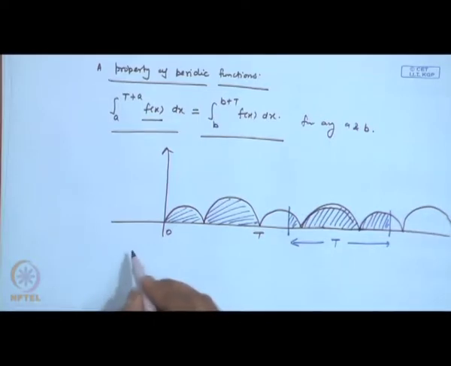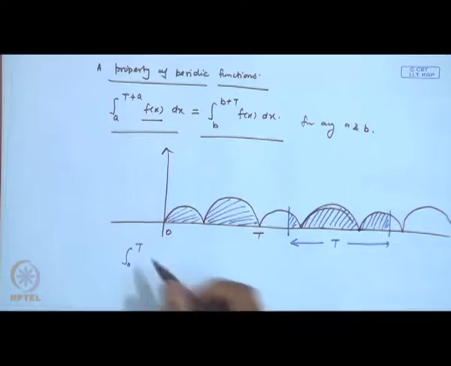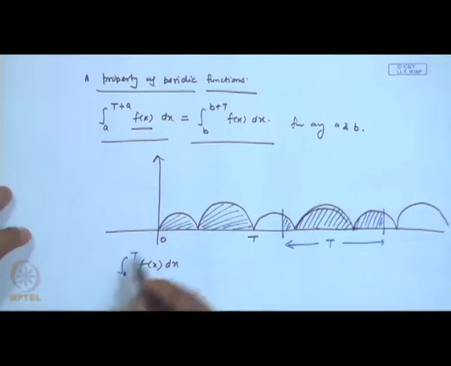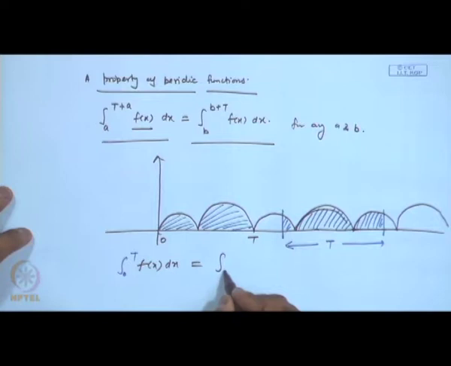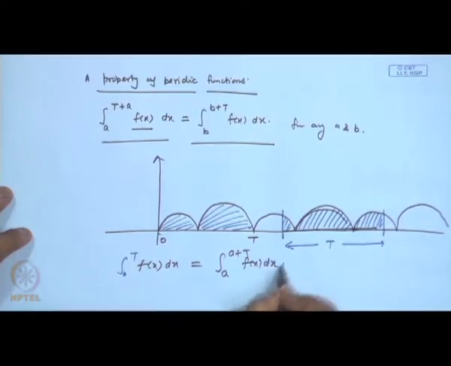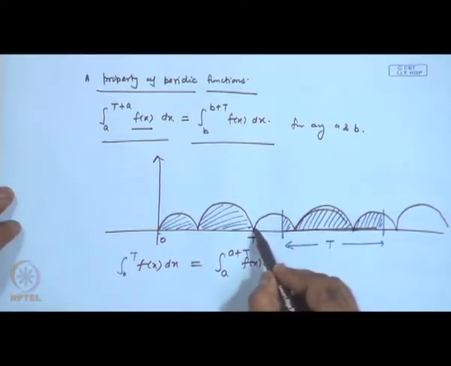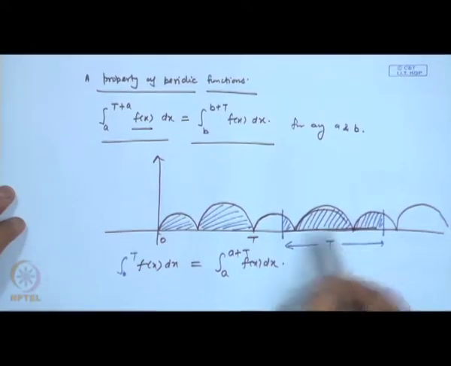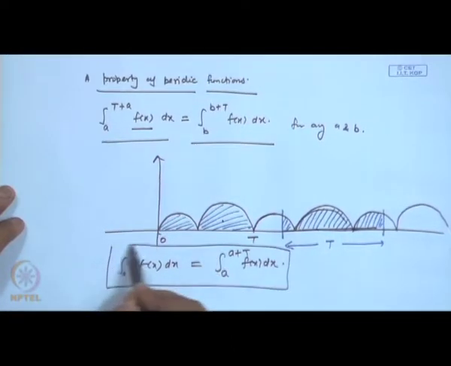So, basically what we have is that the integral from 0 to t of f(x) dx is equal to the integral from any a up to a plus t, as we have taken here, because the part we left here of this smaller circle is included here. So, we are getting actually this area. So, this result is true.